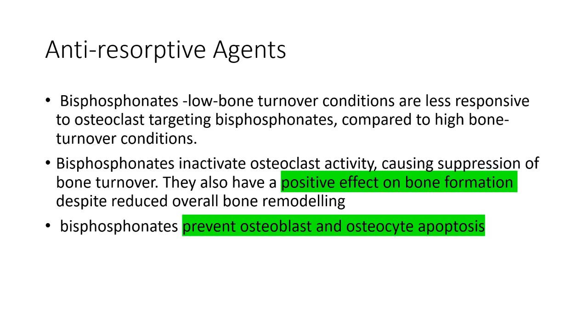Bisphosphonates inactivate the osteoclast activity, causing the suppression of bone turnover. They also have a positive effect on bone formation despite the reduced overall bone remodeling. Bisphosphonates do prevent osteoblast and osteocyte apoptosis.